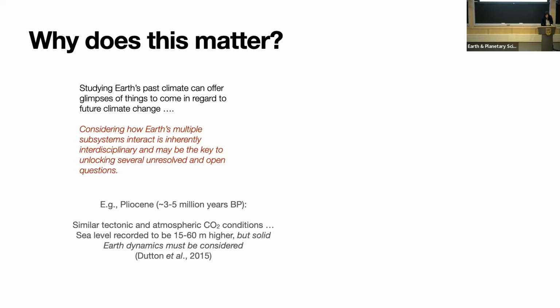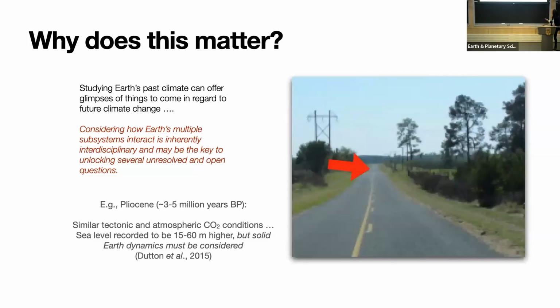And so I do remember as a young graduate student in my group, there was a lot of talk about these famous Pliocene shorelines. And I actually got to visit one. This is the Orangeburg Scarp, that I think actually is in New Jersey as well. And here it is. It's that little kink in the road.